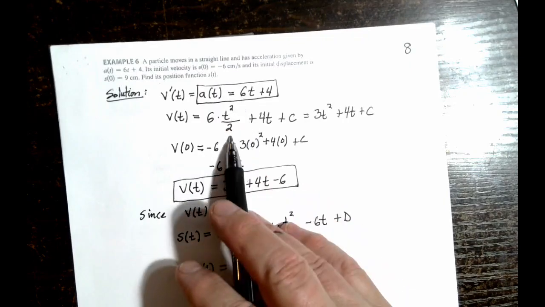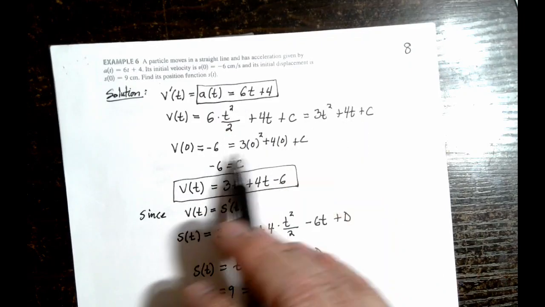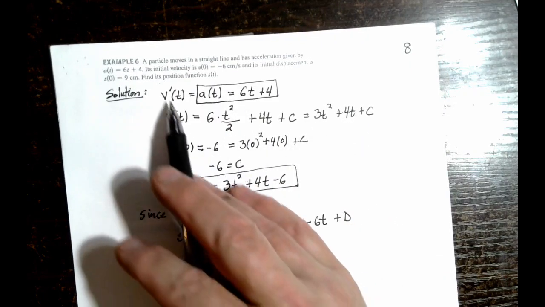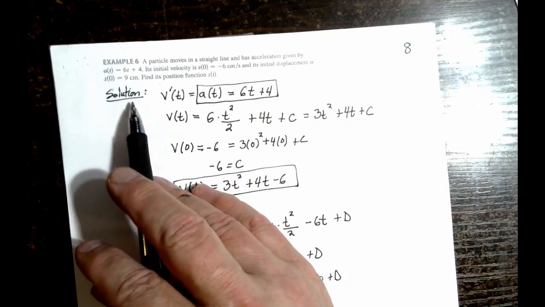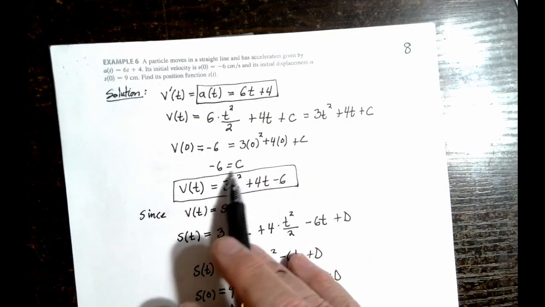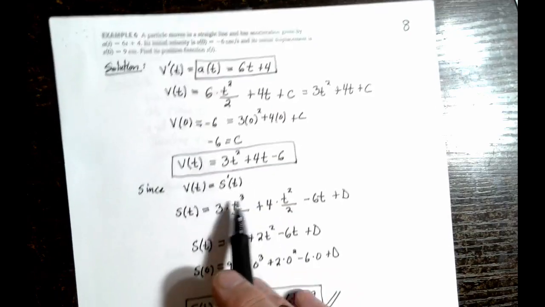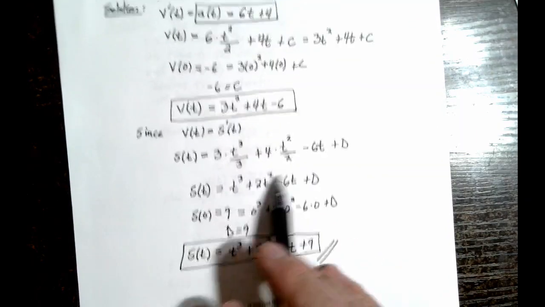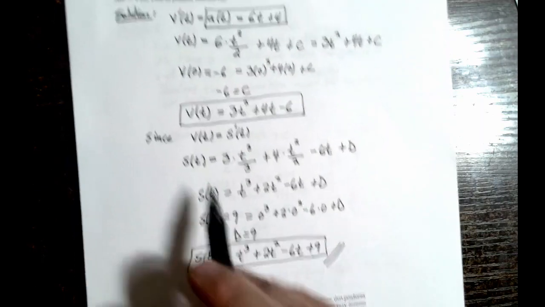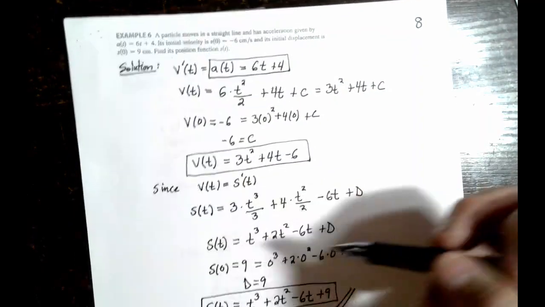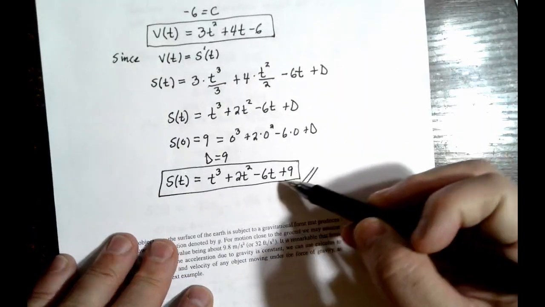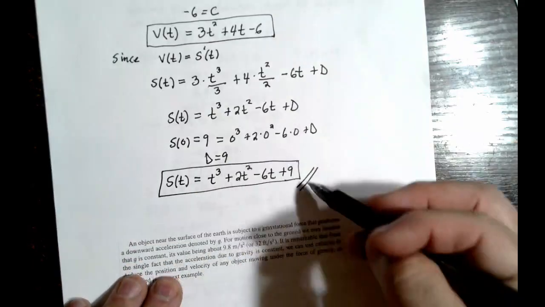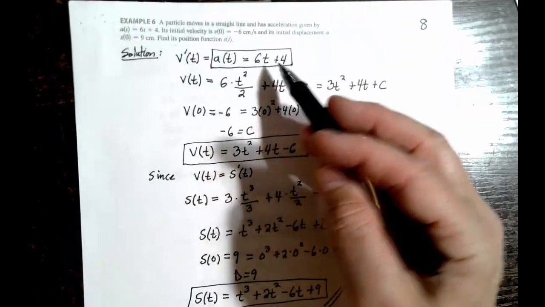You take the antiderivative, you get your answer, and you plug in v of 0 equals negative 6, and it allows you to figure out what C is. If you take the antiderivative of the velocity, you'll get the position function. You have to use the point s of 0 equals 9 to figure out what D is. And once you figure out D, now you've got position, velocity, acceleration.